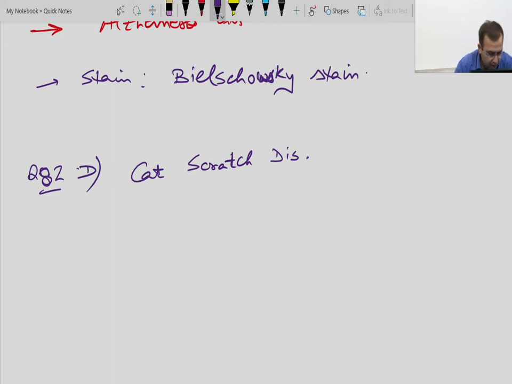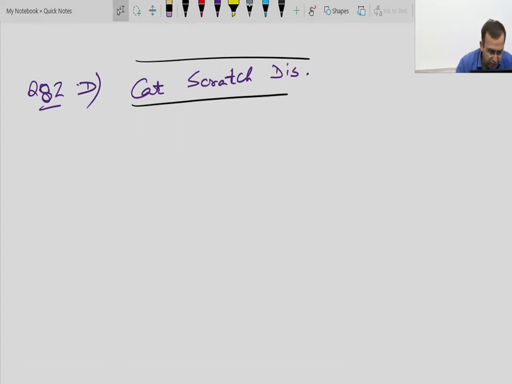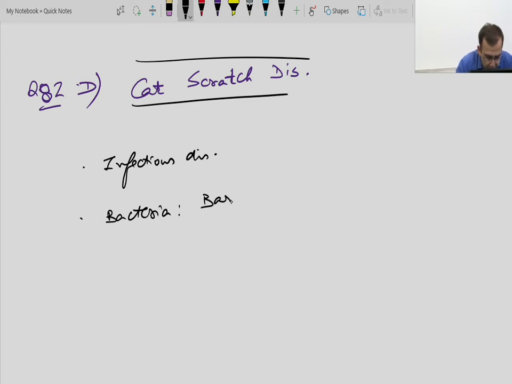So let us see why does it occur. Let us see this in slight detail. Cat scratch disease is an infectious disease caused by the bacteria Bartonella henselae.